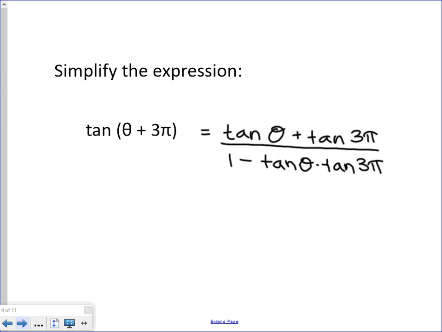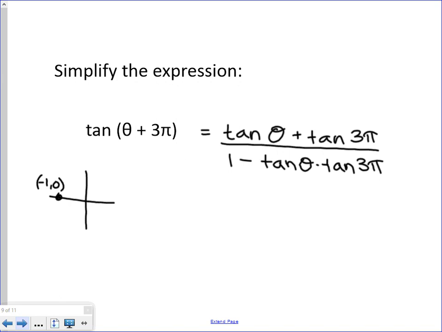Okay. So really we've got one job here. What is the tangent of 3 pi? How do you calculate that? Use a coterminal angle, subtract 2 pi, so its coterminal angle is pi. And so you're thinking about pi over here on the x-axis. What are the coordinates there?